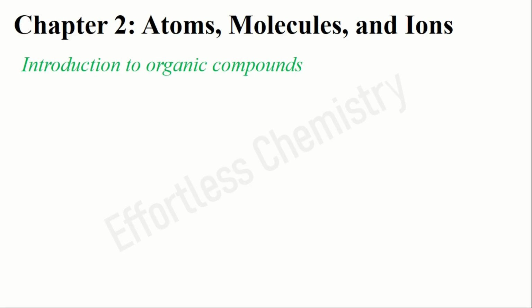For example, consider the formula of methane is this, and if we substitute one hydrogen atom with a hydroxyl, or amino group, or carboxylic group, we can generate different molecules with different properties.